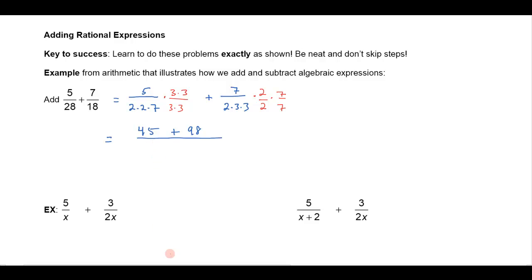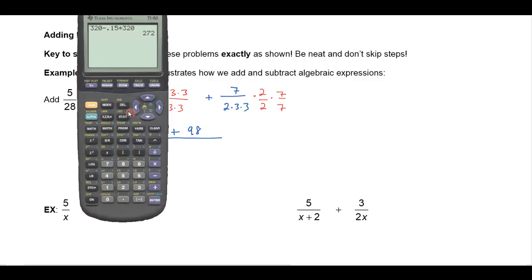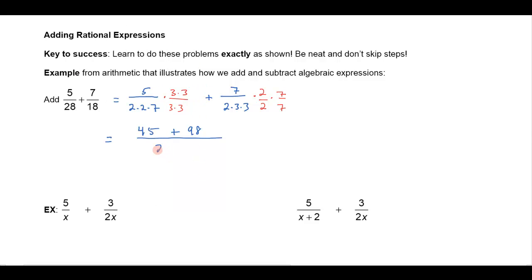And so I think I'll go ahead and figure that out on my calculator. So 4 times 7 times 9 is 252. Okay? And then I can just combine the 45 and the 98. What's that give me? 143.